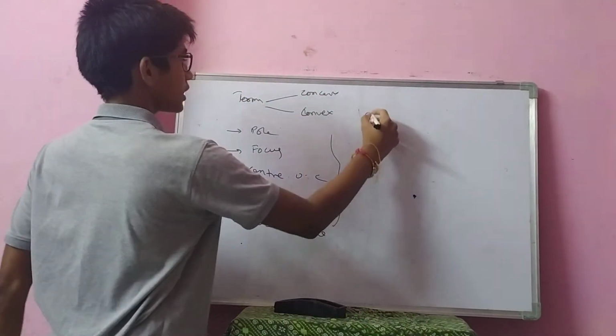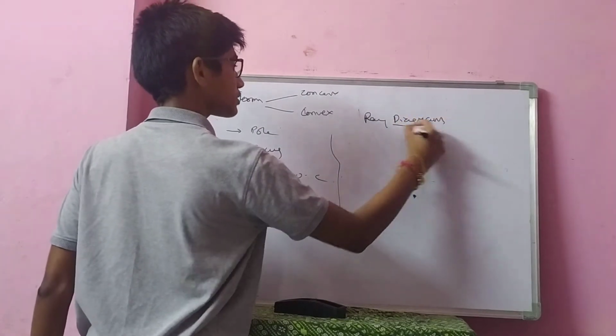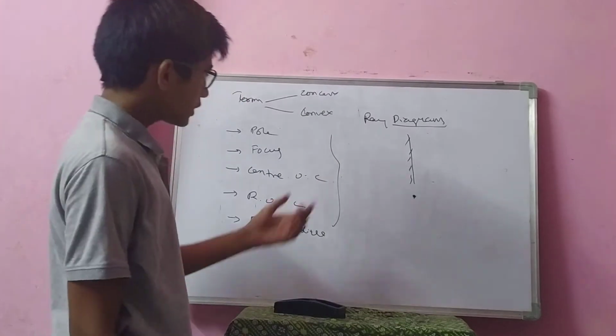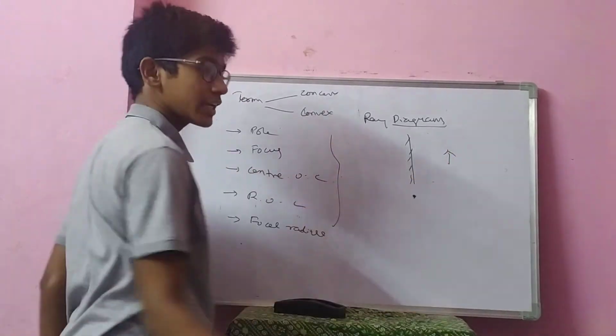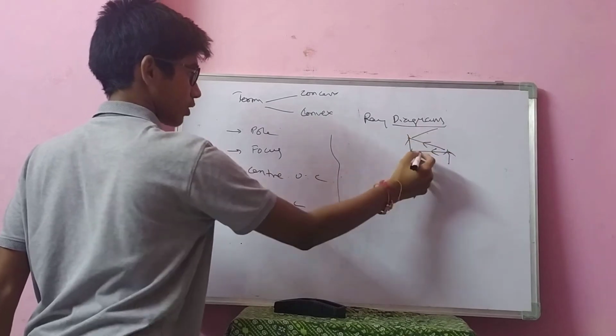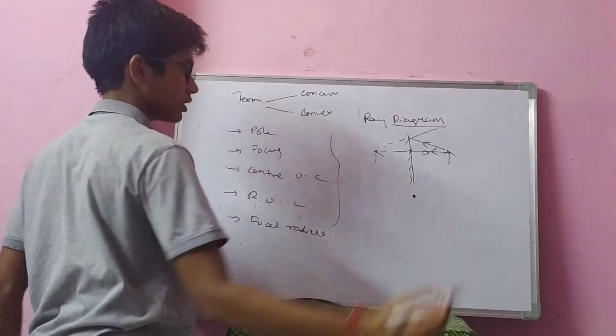Generally, in the previous videos we drew ray diagrams related to plane mirrors. In those, we took an object and two rays, and they got reflected and extended to form an image.